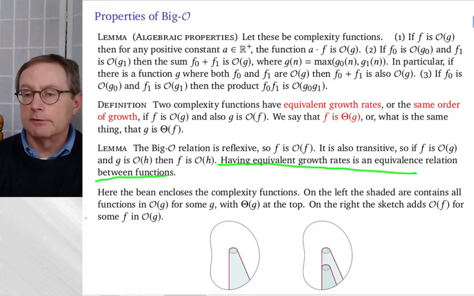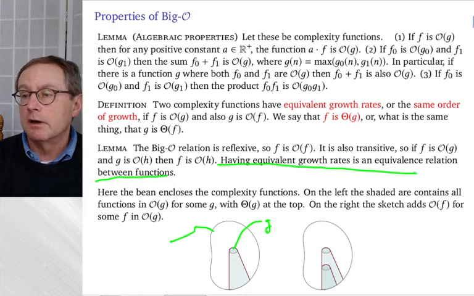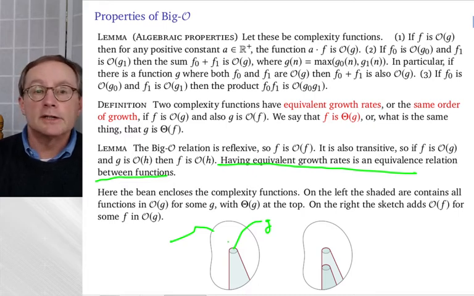And here's the relevant picture down here. We've got all of the complexity functions inside this bean here. I picked a particular little g, and it's located somewhere in the bean. I tried to draw here the set of functions that are all big O of g.